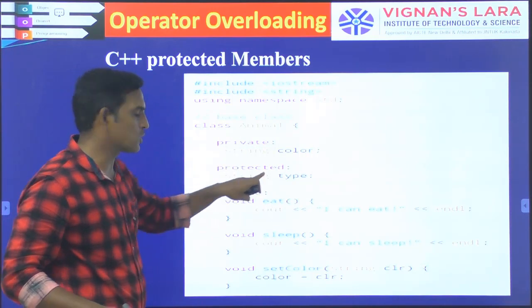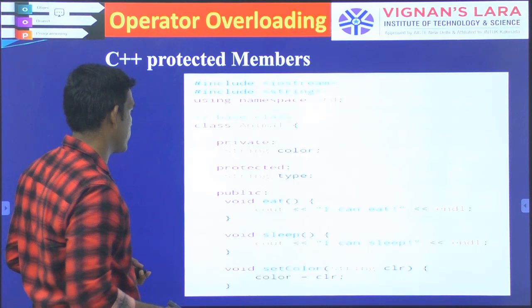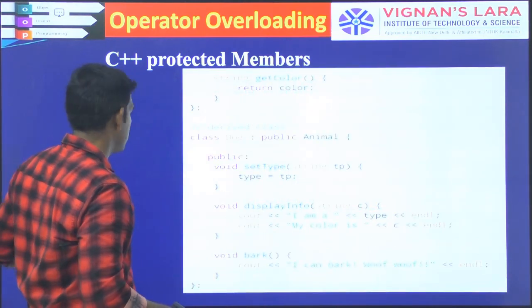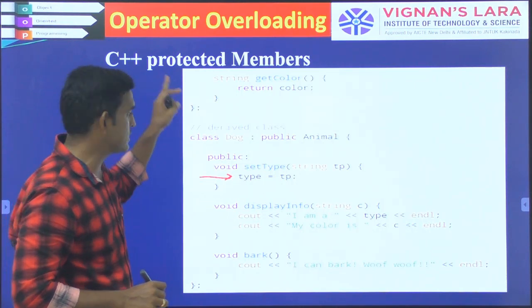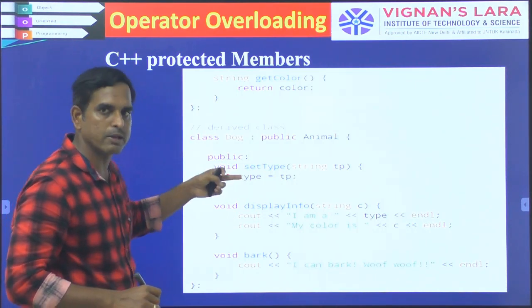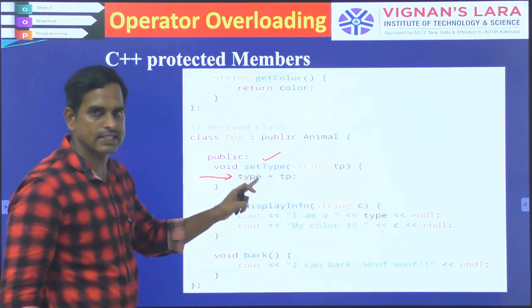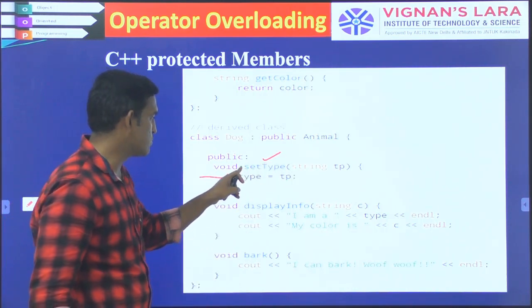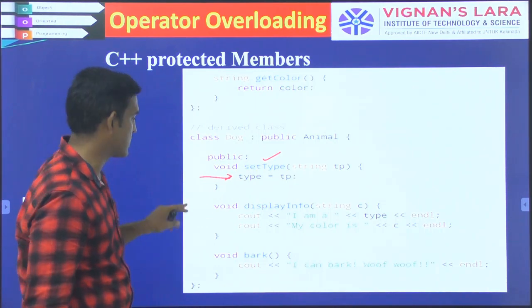Since this is a protected member, it can be used in your derived classes. That is why you can use this particular protected member present in your animal class in your derived class. So that is why you are creating a set type method and you are using the type variable which is declared as protected in your animal class.